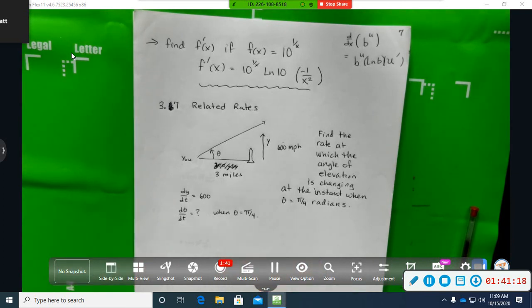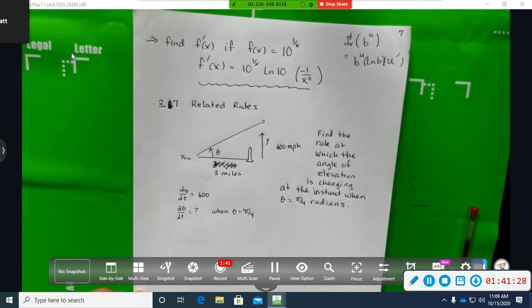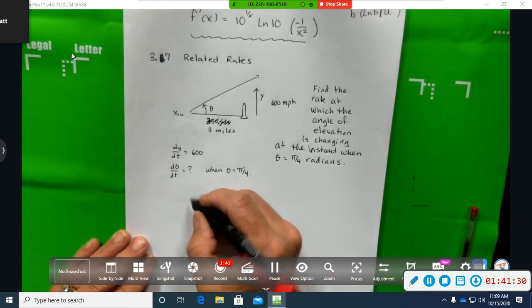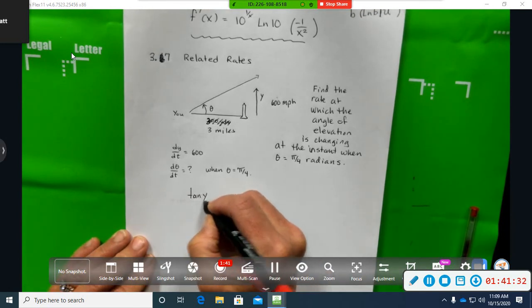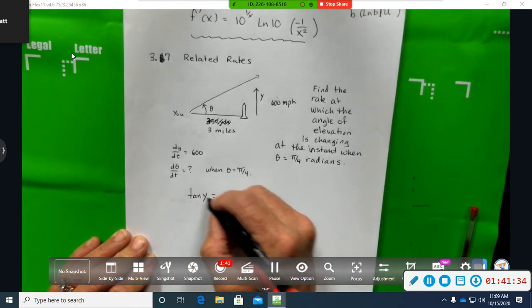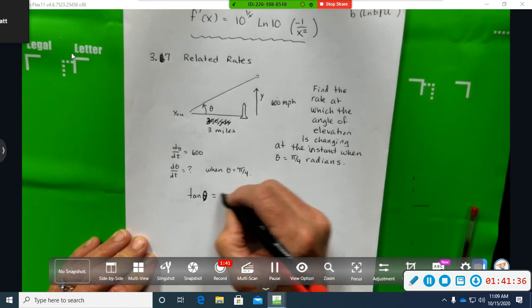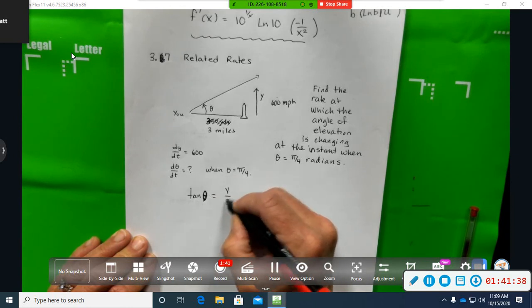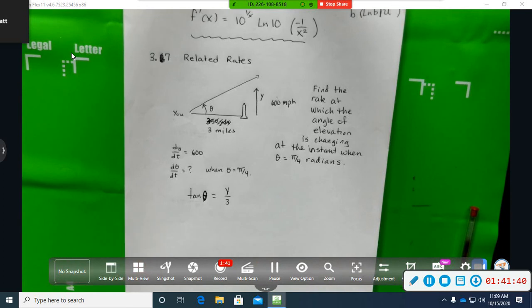Now we need some equation that relates theta with y at any time t. With the tangent, we've got the opposite and the adjacent sides involved. So the tangent of theta is y over 3. There's your position equation. Start with it. Take the derivative of both sides with respect to t.